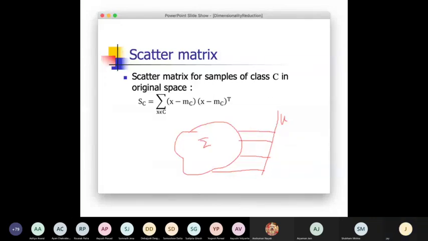Is it clear? So now you compute the variances of these projected values, say sigma square. If I say projected values, that would be more convenient to understand. A point is always associated with a coordinate, but actually we are considering values here, so basically the value of the coordinate, right?